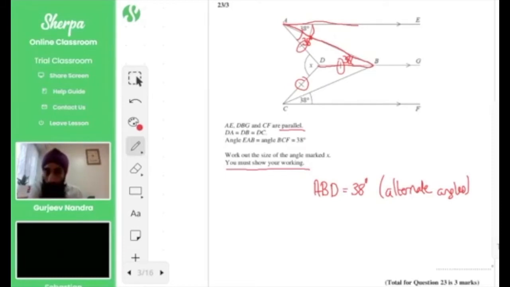Whenever we talk about angles, it's that middle letter where the angle is actually, the angle that we're talking about is the angle at B. The next bit which we've established there is DAB is 38 degrees as well. And that's because it's an isosceles triangle.